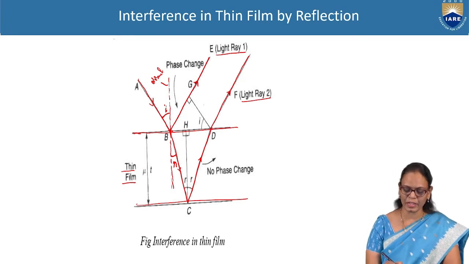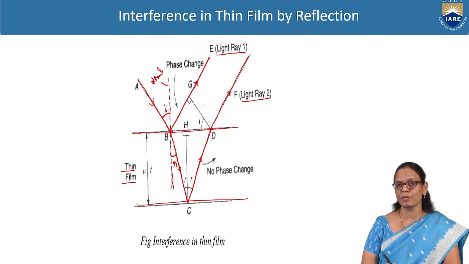Now light ray 1 has simply reflected from the top surface, but light ray 2 is going inside the thin film, undergoing refraction, and then coming out.